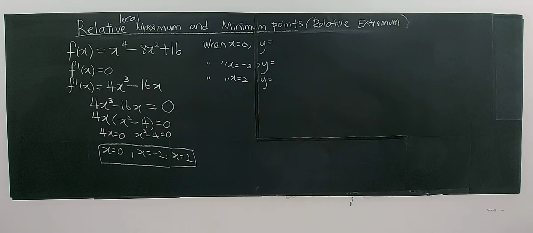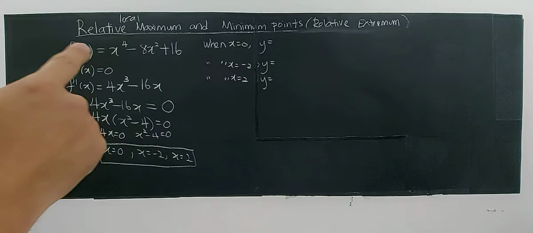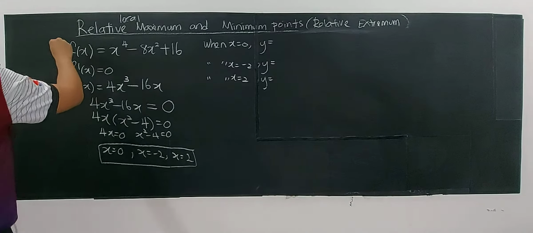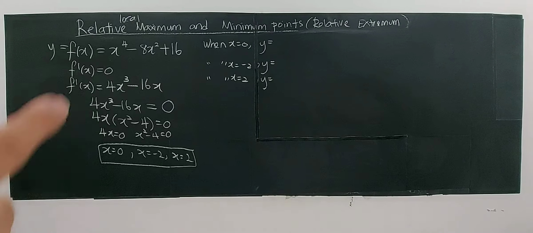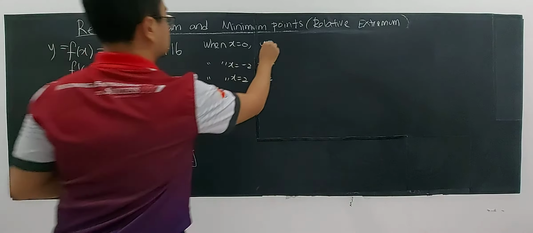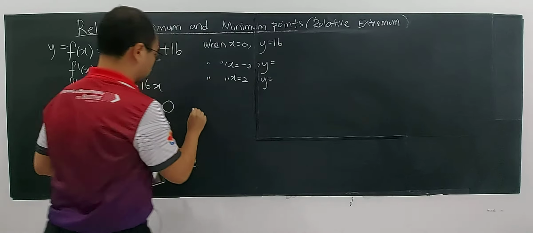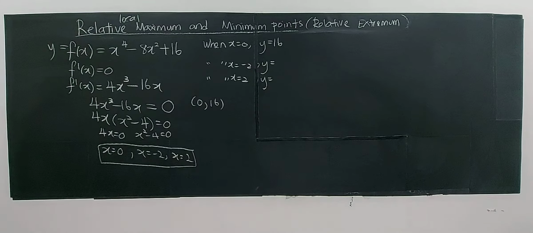As you substitute the value of x into f(x) here, which also represents the y value, you can find the value of y. When you calculate 0, you get 16, so you get the point 0, 16.